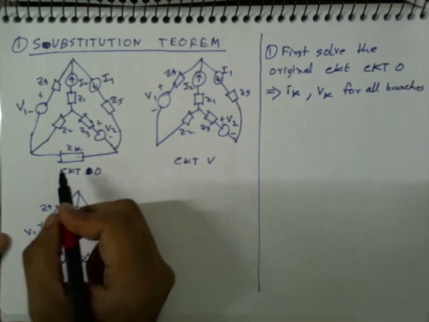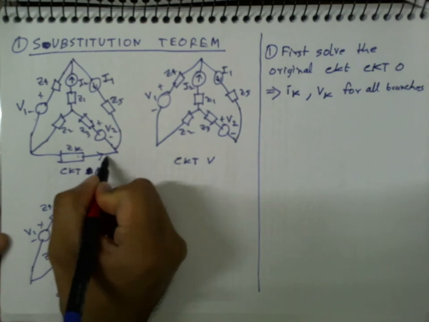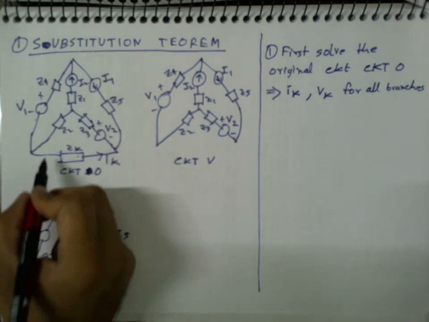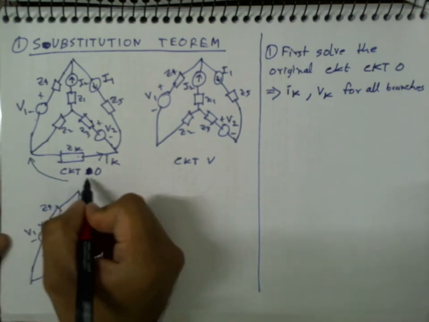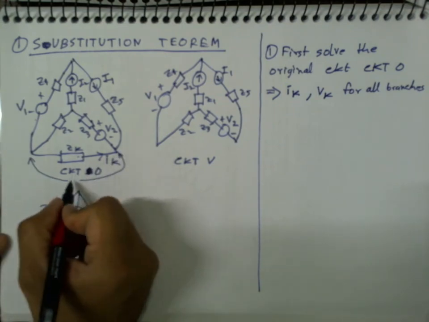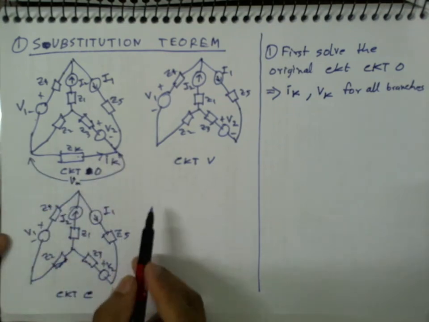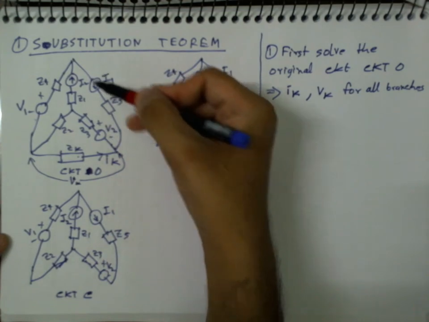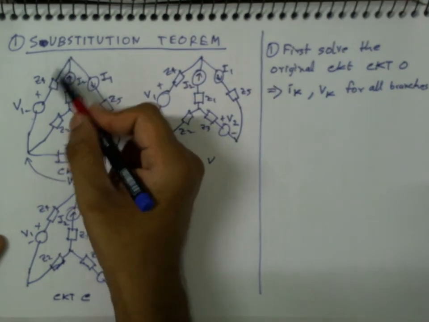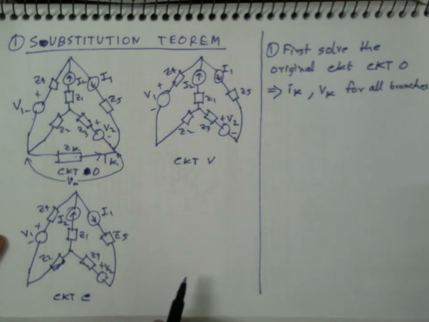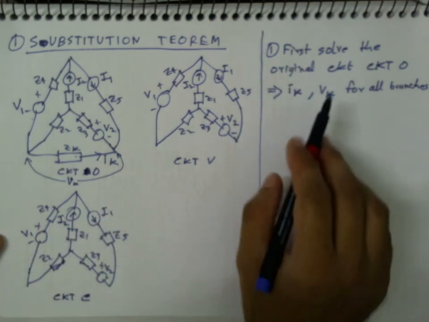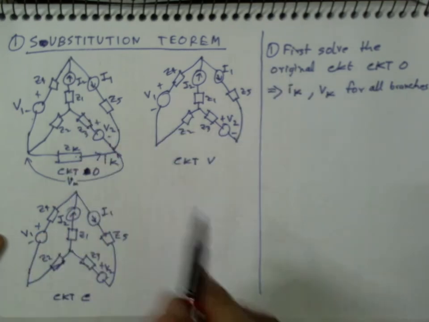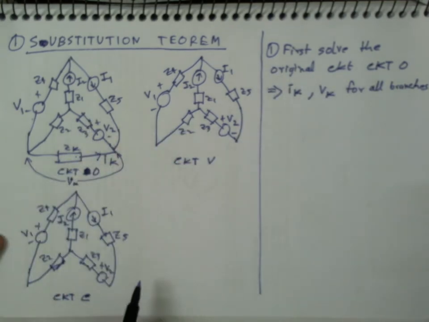So maybe I will have this current equal to IK, this voltage from here to here VK, maybe here it's I1, maybe here it's I4, etc. So all this I will get by solving this. Okay, so I first solve it, and after that I know this.